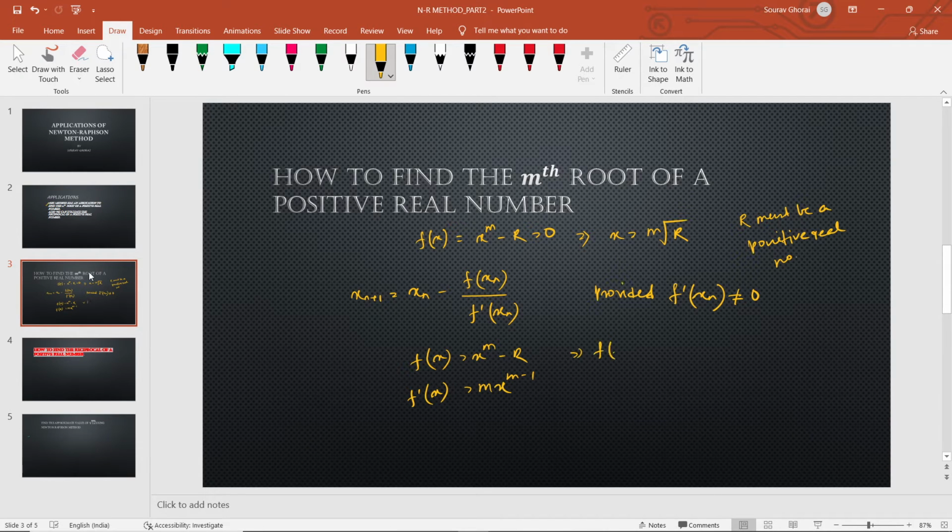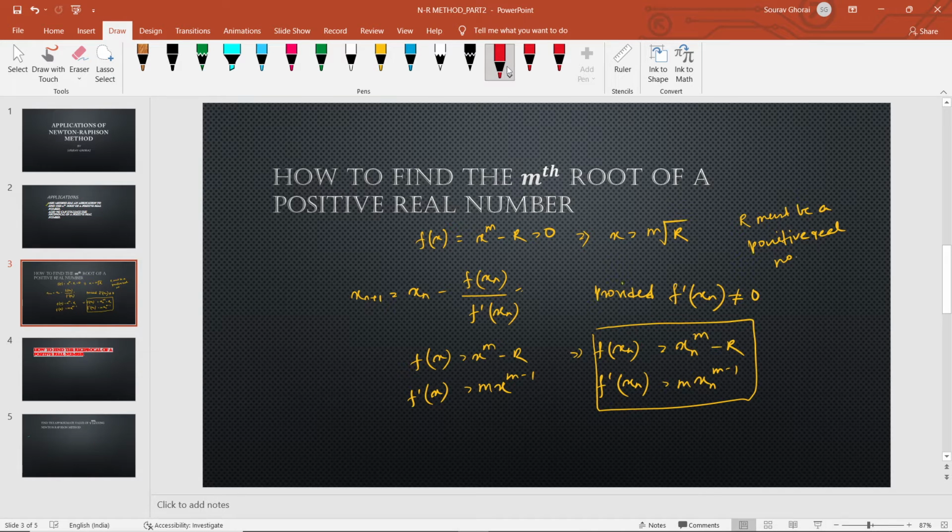So f of x n is equal to x n to the power m minus r, and f dash x n is equal to m x n to the power m minus 1. Now if we put these two results here, let's check what we get. x n plus 1 is equal to x n minus (x n to the power m minus r) divided by m x n to the power m minus 1.